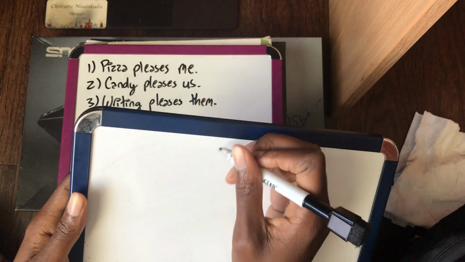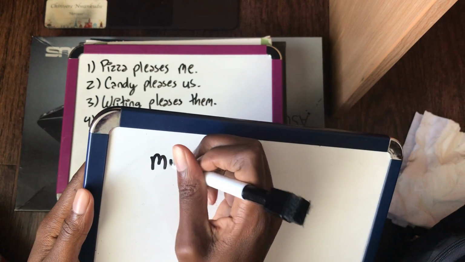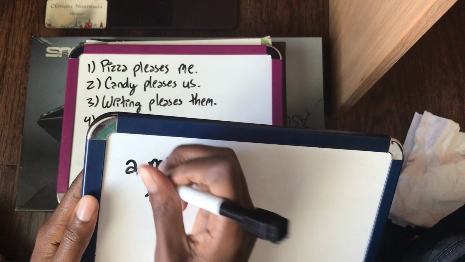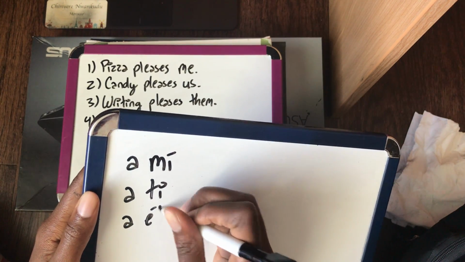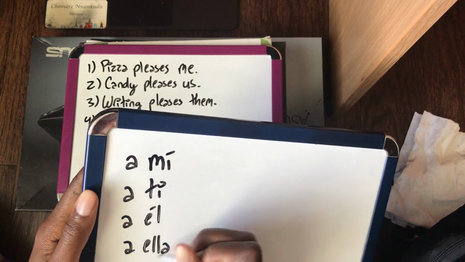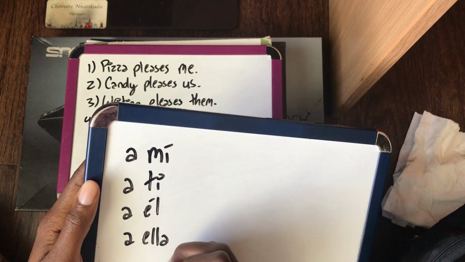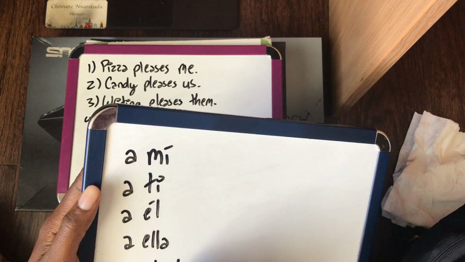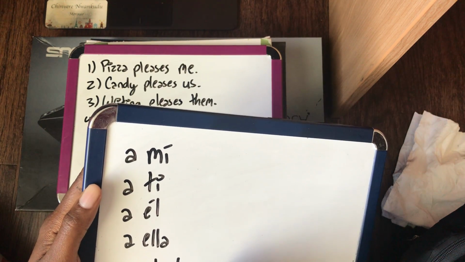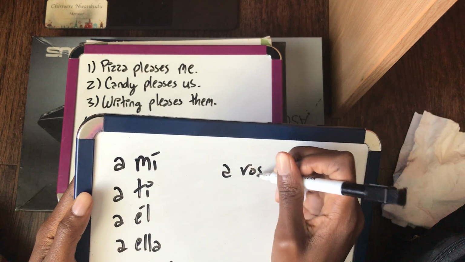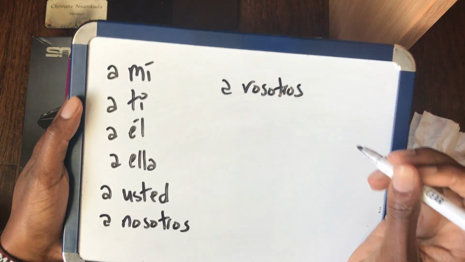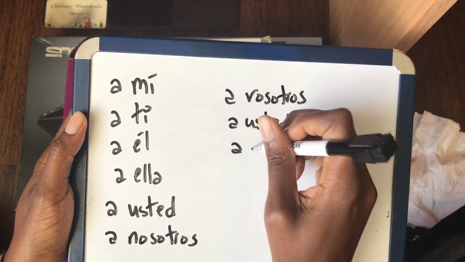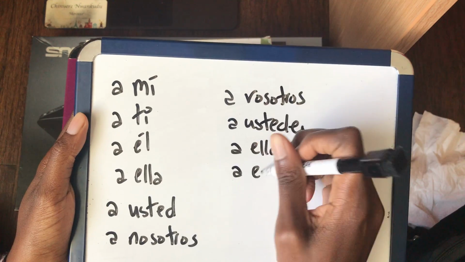So what I'm doing here is: a mí, a ti, a él, a ella, a usted, a nosotros, a vosotros, a ustedes, a ellos, a ellas.